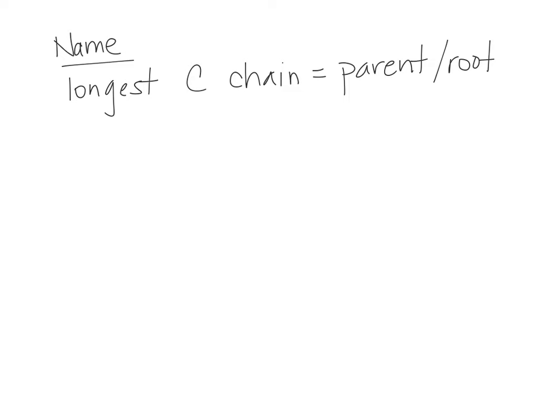So what you have to do is, for your suffix, you drop the E off of the alkane and you add a number telling you which carbon the nitrogen is attached to, and the word amine.